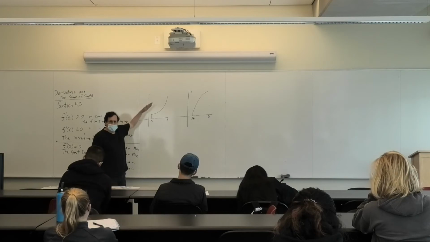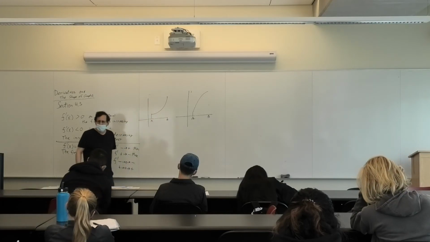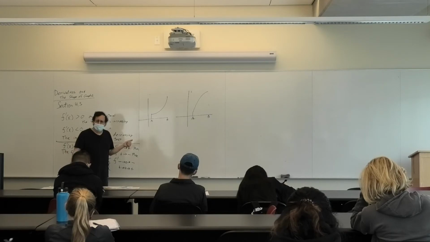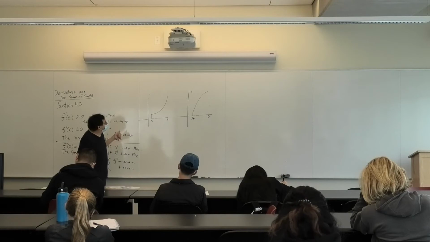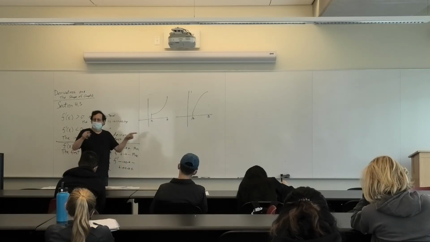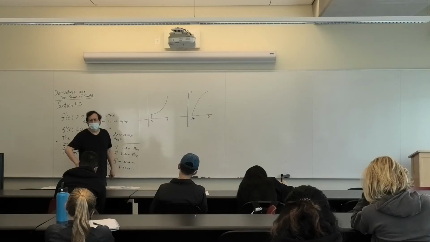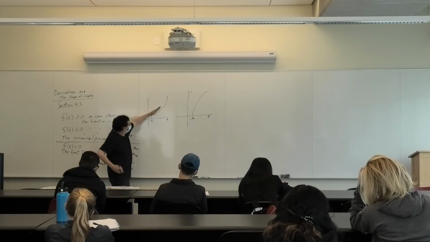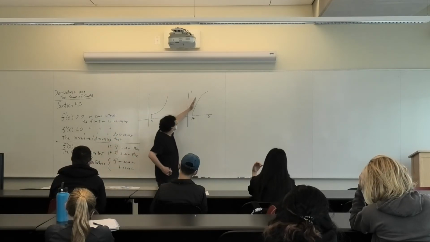The derivative's going to be positive. But they're really different. Someone want to describe what's different about them? Think about that for a second. They're both increasing. They both have positive tangents.